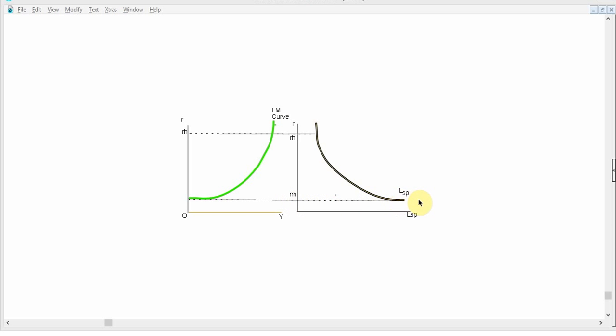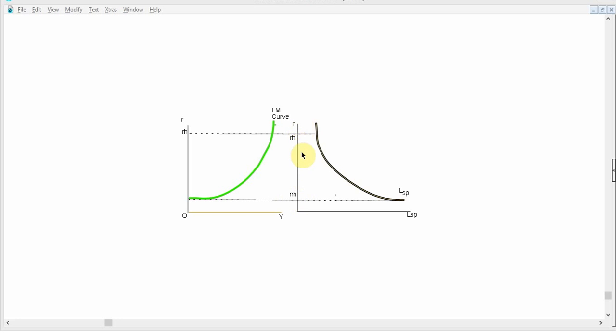If this happens, this part of the speculative demand curve is called the liquidity trap range of the speculative demand for money curve. So due to this horizontal portion of the speculative demand for money curve, the LM curve has also a horizontal portion. This horizontal portion of the LM curve is called the Keynesian range of the LM curve.